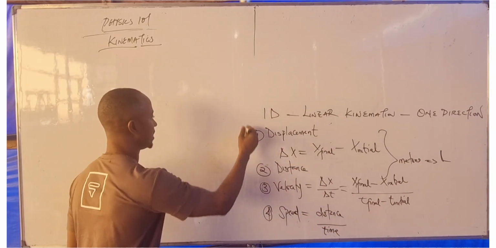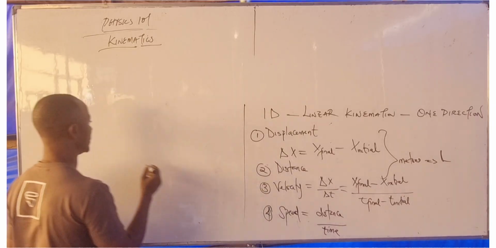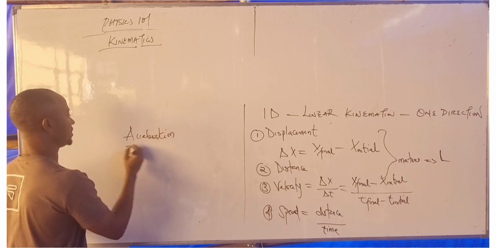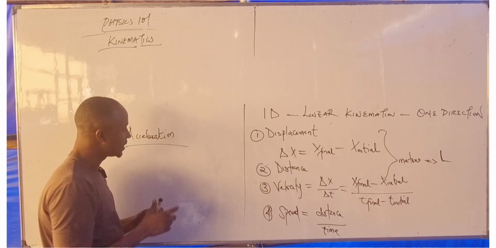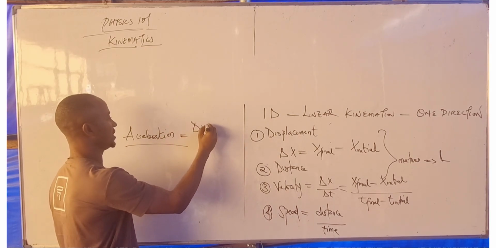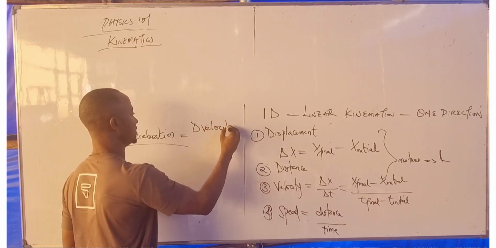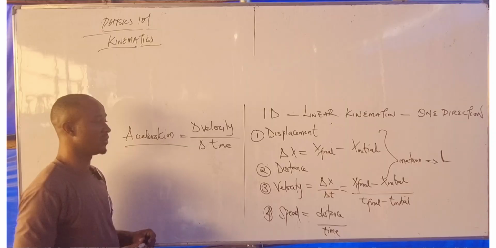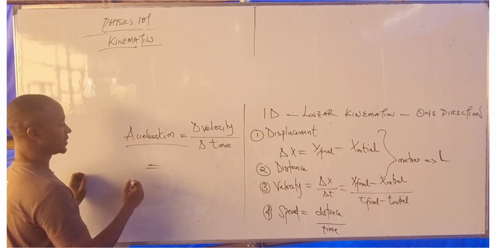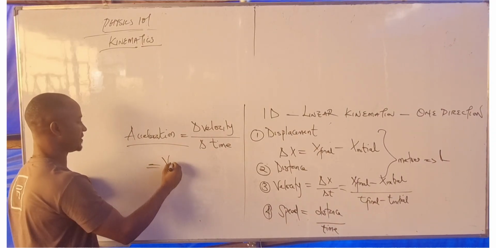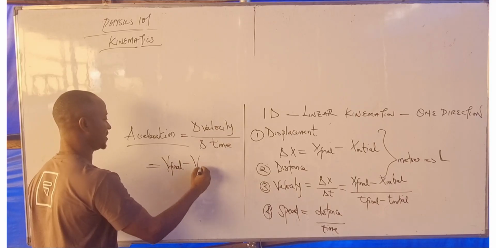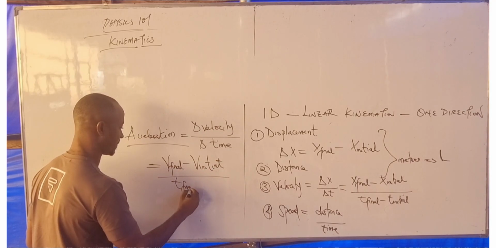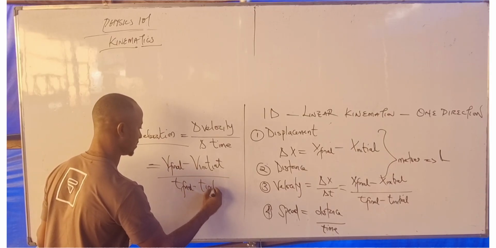The final concept is acceleration of the body. When the body accelerates, it is defined as change in velocity over change in time. This gives us v final minus v initial divided by t final minus t initial.